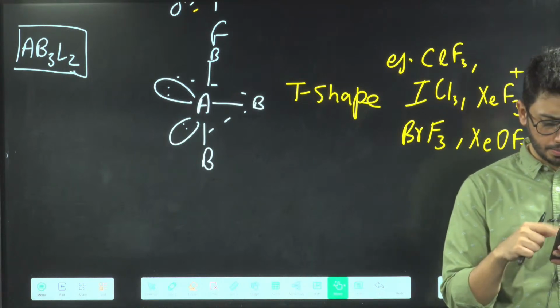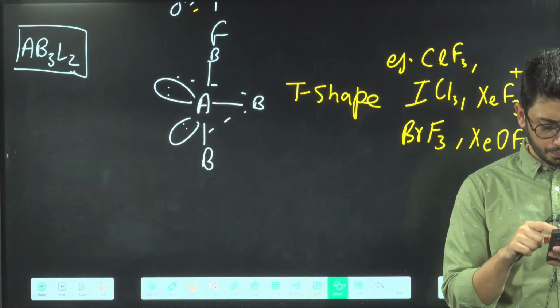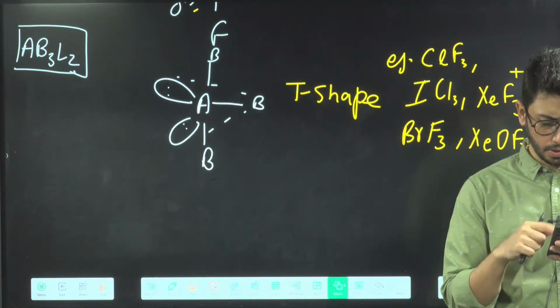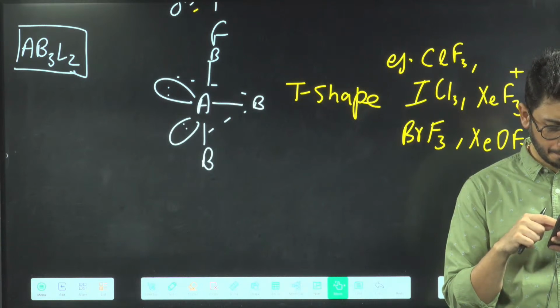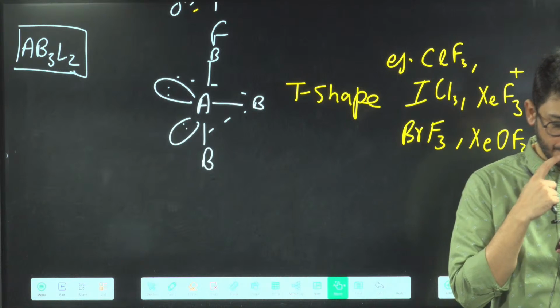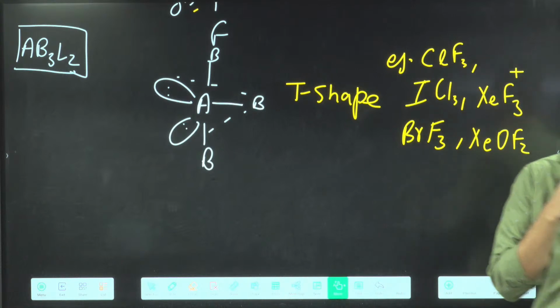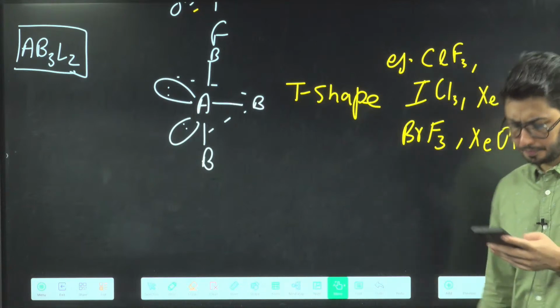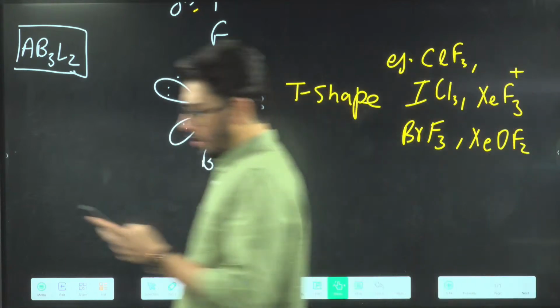In NCERT, I'm checking where it is given. AB3 T shape is only given, but the example is the same.